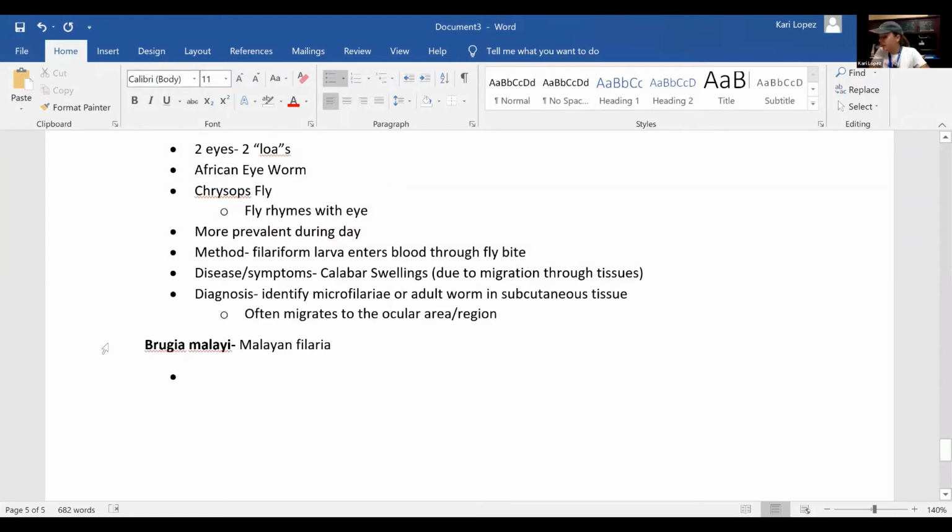Then what are we going to do next? Next, it's going to be your infection, right? What is the infective stage?